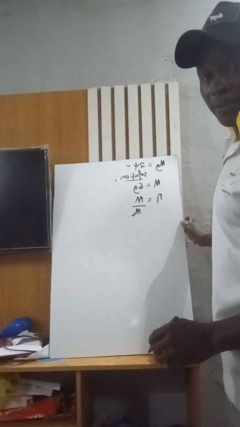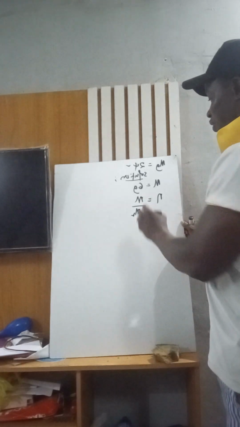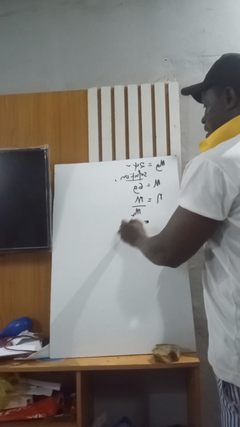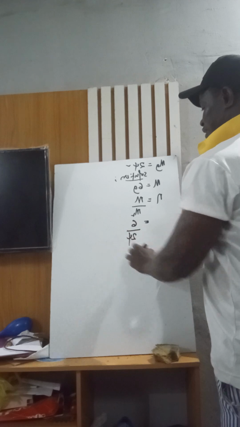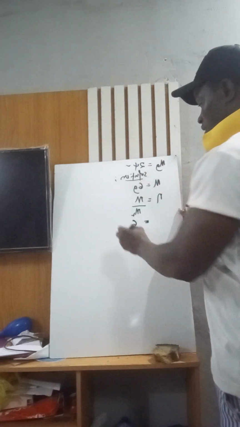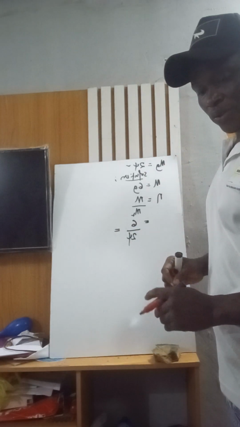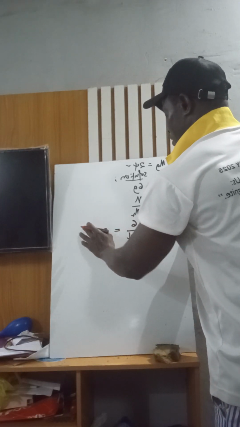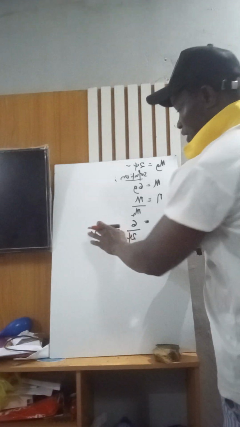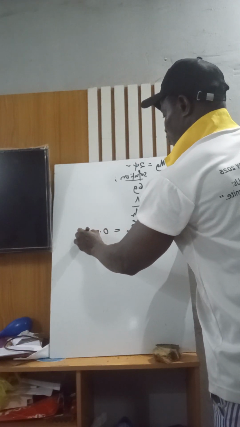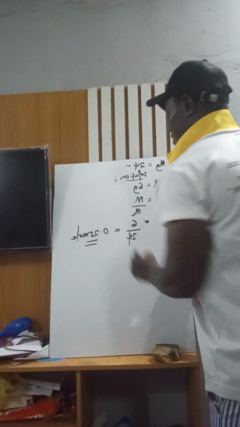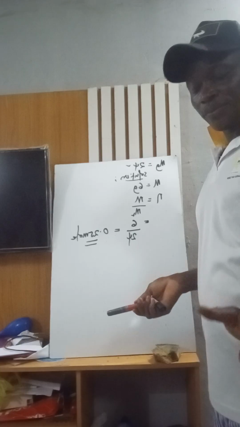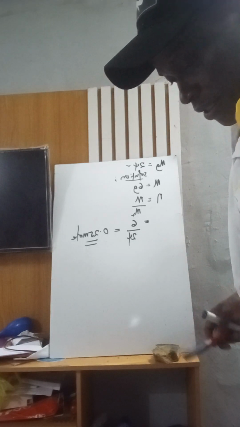So mass is 6, and the molar mass given in the question is 24. That should give us 0.25 mole. The answer is 0.25 mole. Very simple.